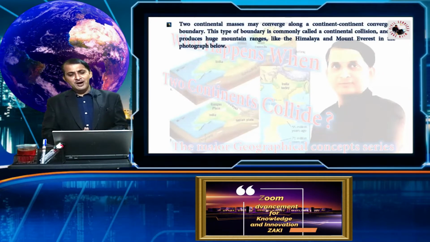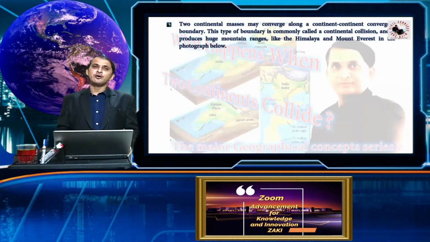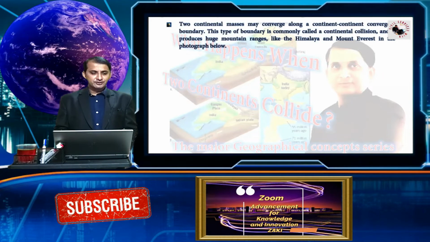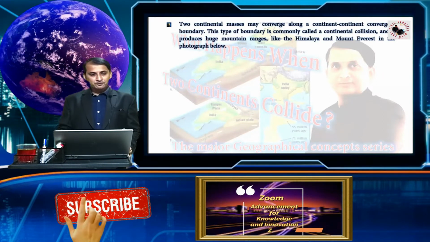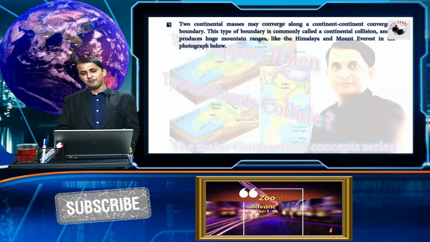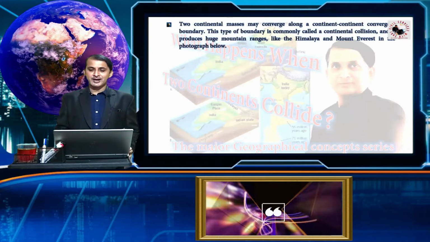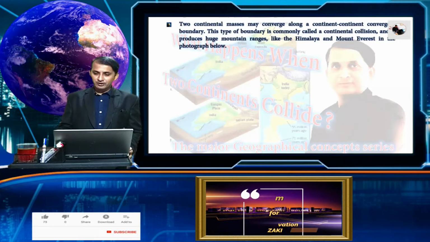Two continental masses may converge along a continental boundary, and this type of boundary is commonly called a continental collision.